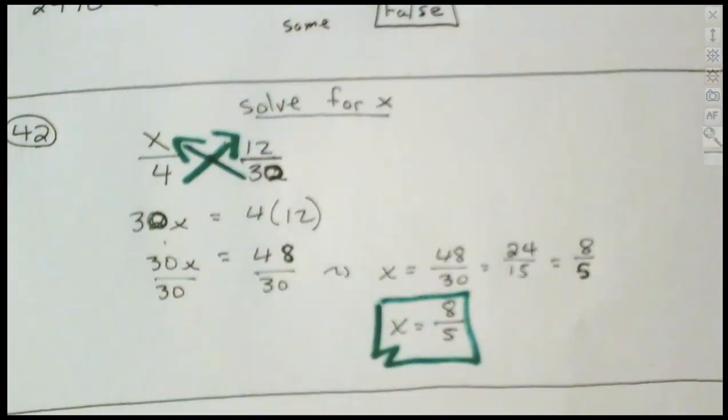Let's move on to a little bit more complicated ones. Let's look now at question 46. So this one just has a couple of extra steps, but it's almost exactly the same.